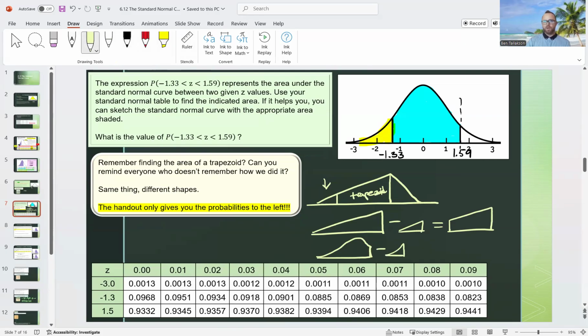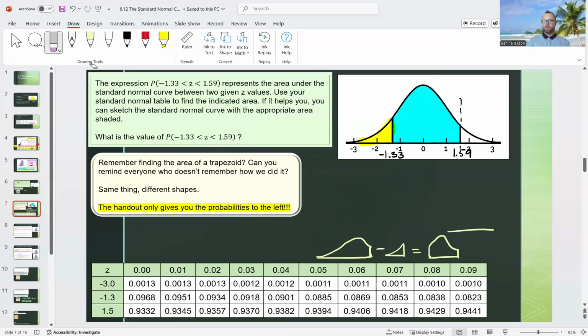And you could subtract that to get the area of our shaded blue area. Of course, there is no formula for these shapes because these are very unique, but we can use that same logic. Let's go ahead and do that now.